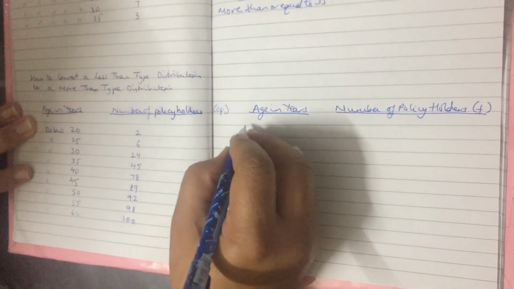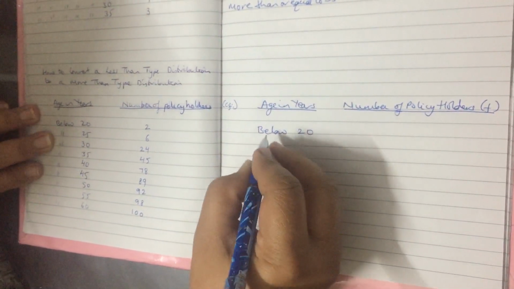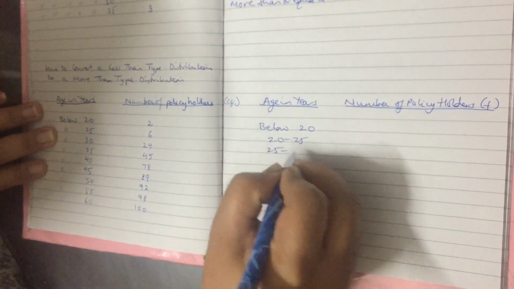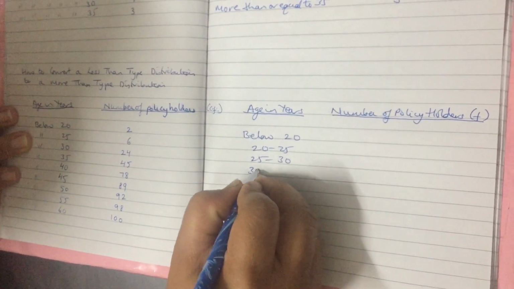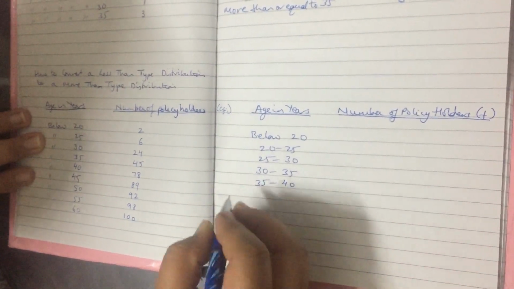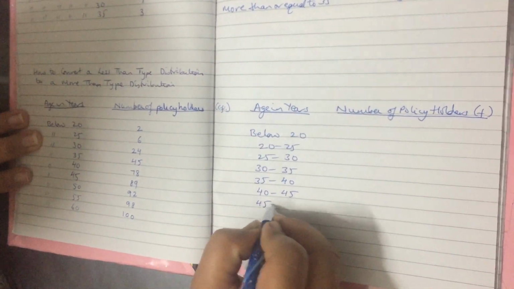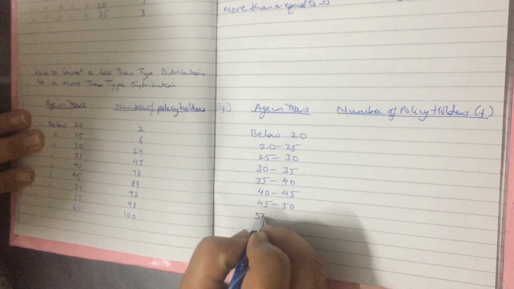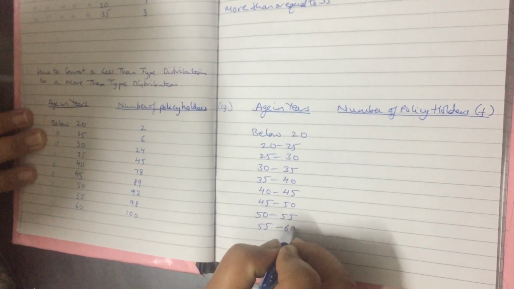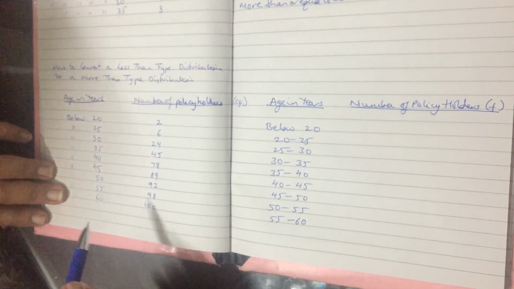The first one we can take as below 20, then the next class interval is 20 to 25, 25 to 30, 30 to 35, 35 to 40, 40 to 45, 45 to 50, 50 to 55, 55 to 60. We end here because this is the last upper limit over here.